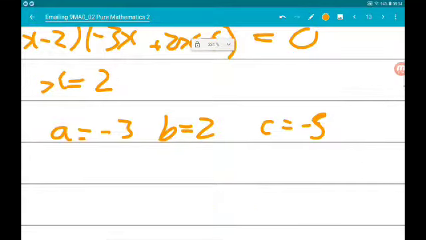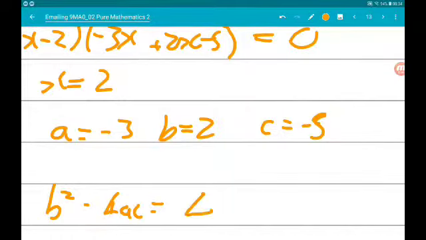So b squared minus 4ac is going to be 4 minus 4 lots of minus 3, so that's positive 12, times minus 5, so that's going to give us minus 60, which gives us minus 56.